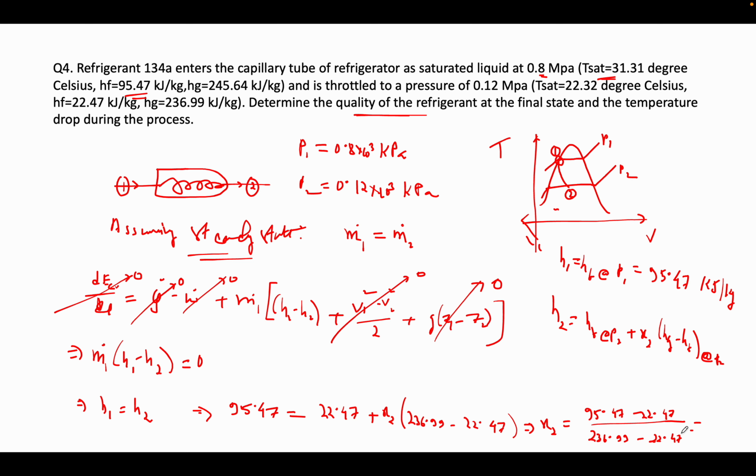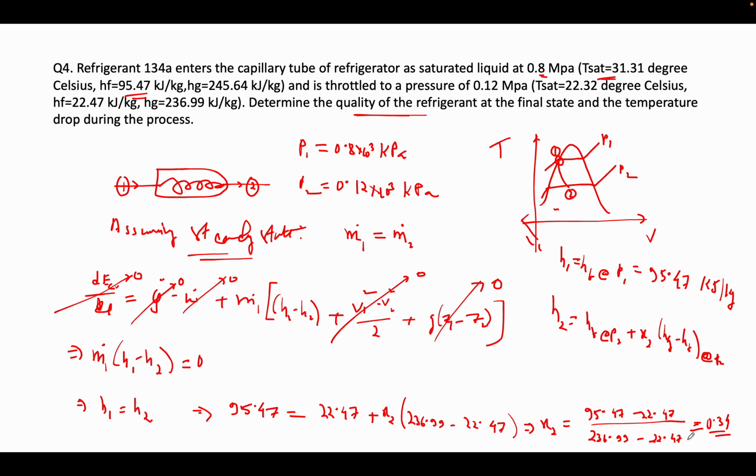So your answer is 0.34. That means 34% water vapor is present in state number 2.